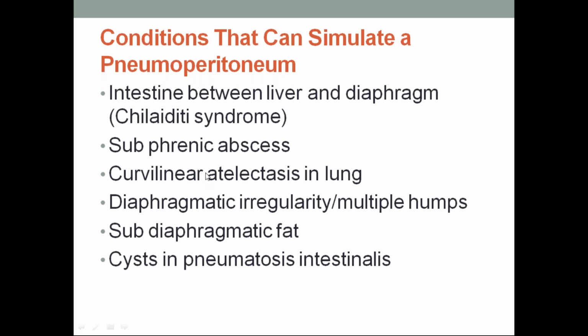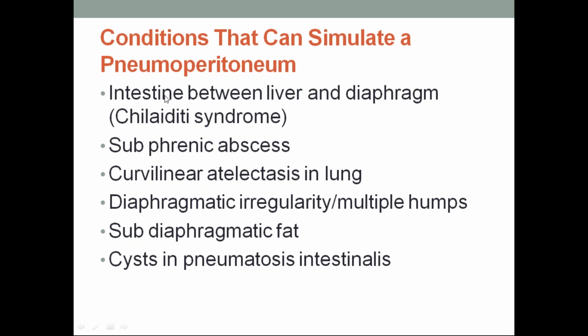But some other conditions mimic a pneumoperitoneum. In most situations, very important are the Chilaiditi syndrome and the Chilaiditi sign. I will show you in the next radiograph. It is very important. It almost all looks the same as pneumoperitoneum.